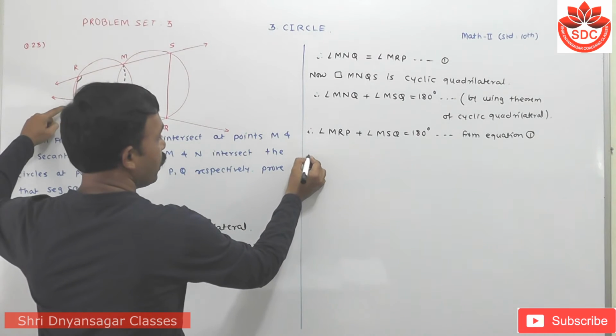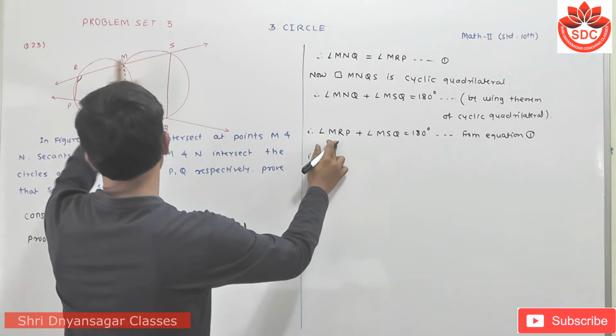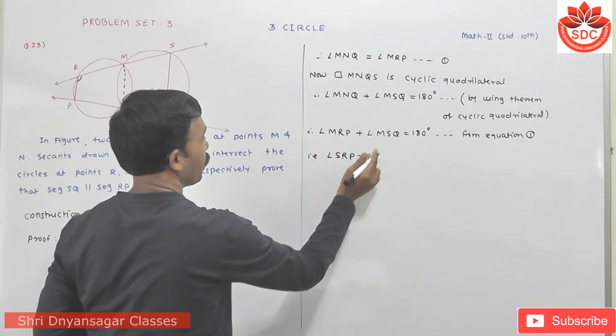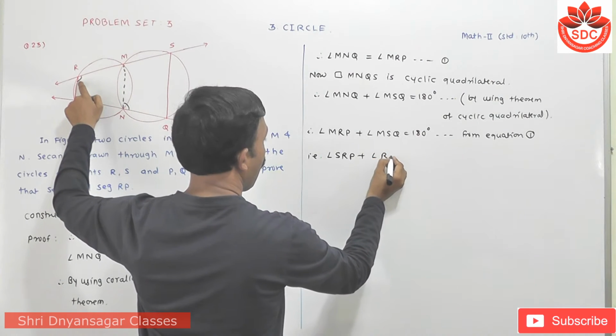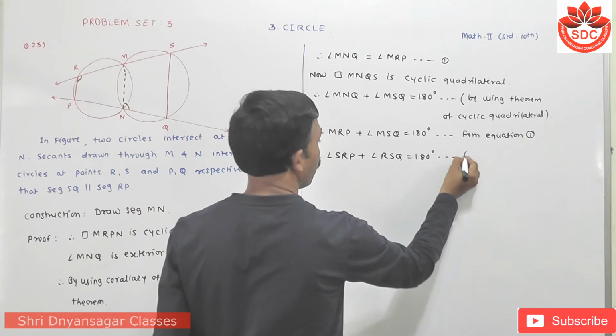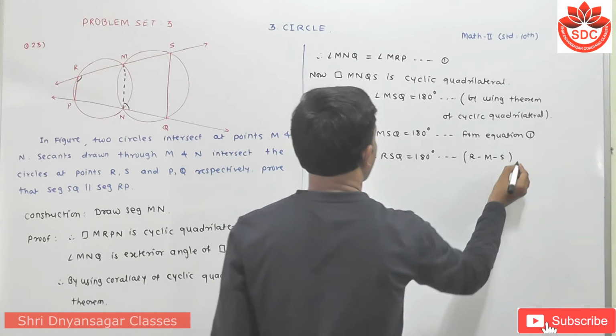That is, I have to write angle SRP plus this angle MSQ, that is angle RSQ, is equal to 180 degrees, because the reason is R dash M dash S.